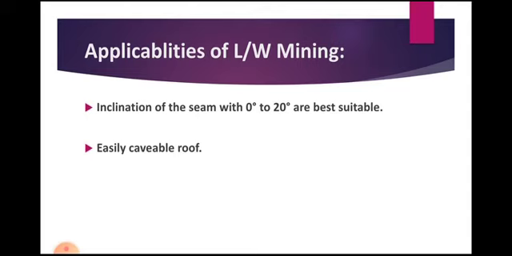If the roof is not easily cavable, and we cannot practice any induced blasting in this longwall mining method, so we need to choose a roof that is easily cavable, so that the goaf behind the chock shield supports will settle soon after a period of time after the advancement of the face in longwall mining method.